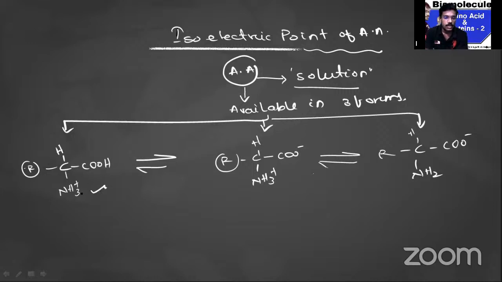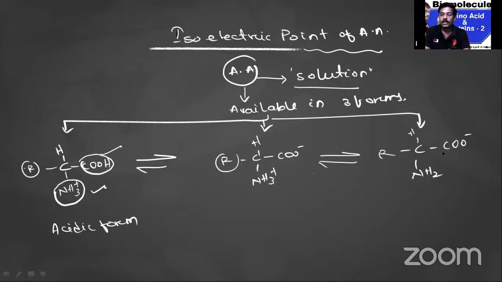So if we put them in water, it may exist in this form. If it is existing in this form, then this part will donate the hydrogen because it is NH3 plus. This part can donate the hydrogen, and this part also can donate the hydrogen. The COOH is acidic, and the NH3 plus can also donate the hydrogen, and a substance that donates the hydrogen is called acidic. So this form of the amino acid is the acidic form.